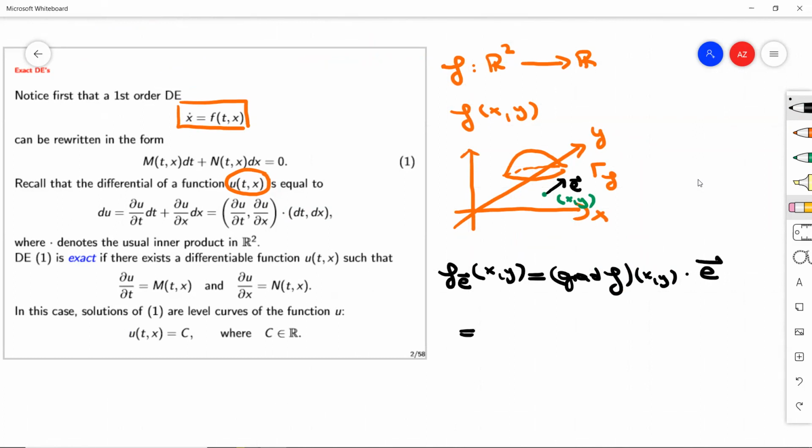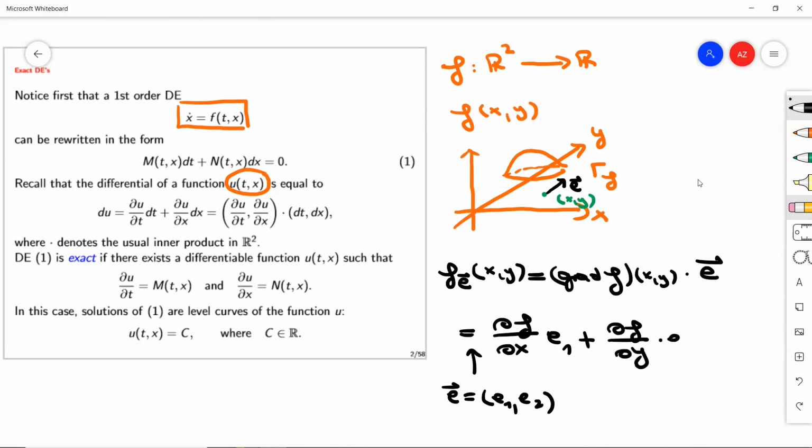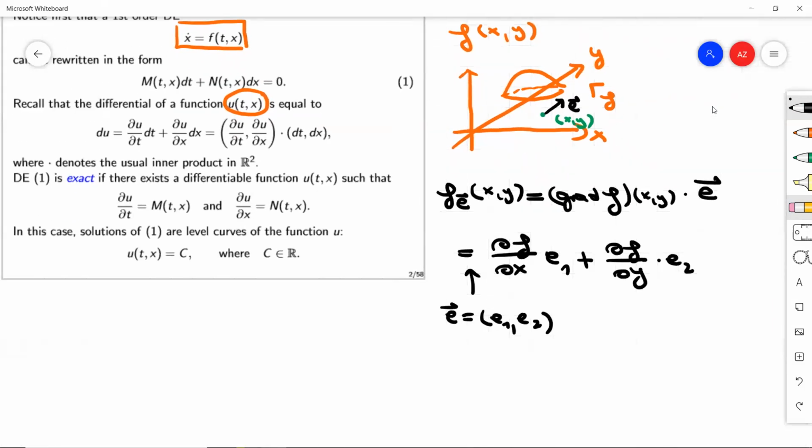So this is nothing else than the partial derivative of f with respect to x times e1, if we write vector e as e1, e2, plus the partial derivative of f with respect to y times e2. So this is the formula for the directional derivative.